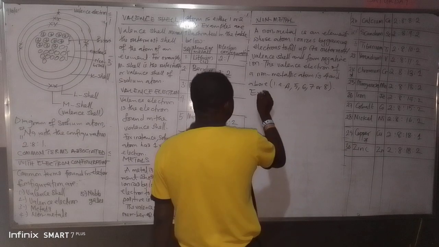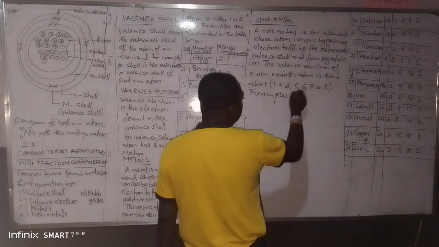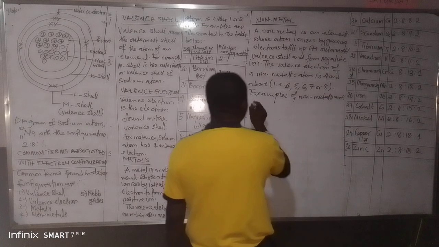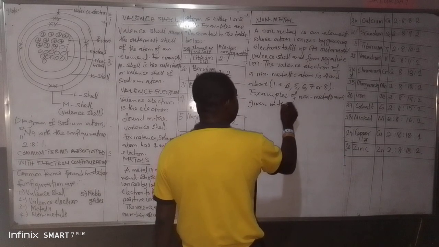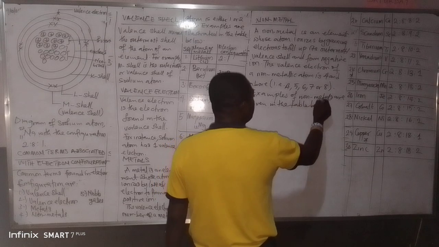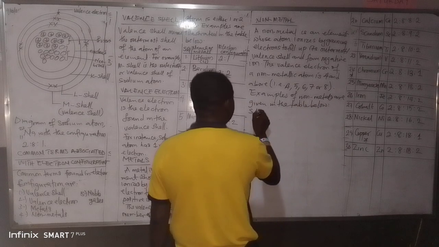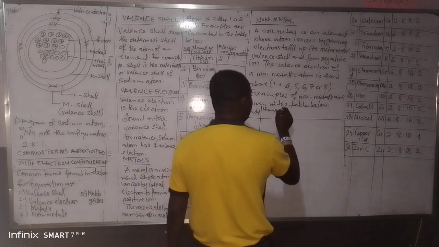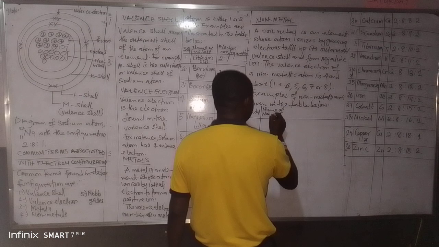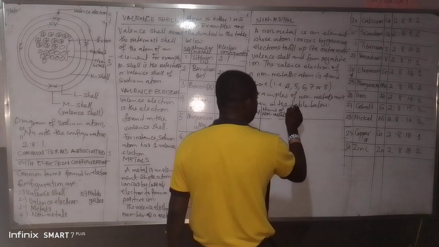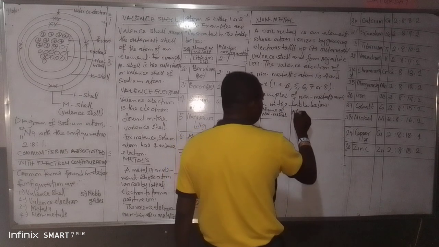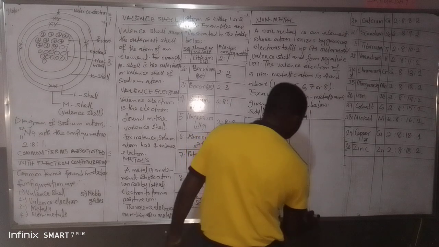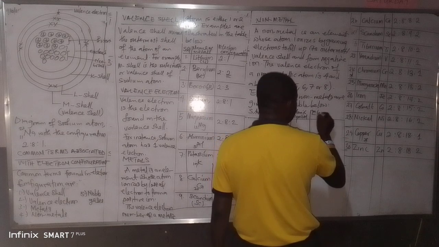Examples of non-metals are given in the table below. We have the name of the non-metal, the atomic symbol, then the electron configuration.